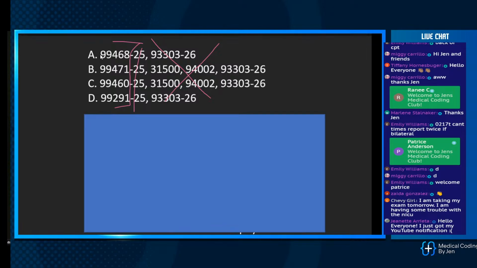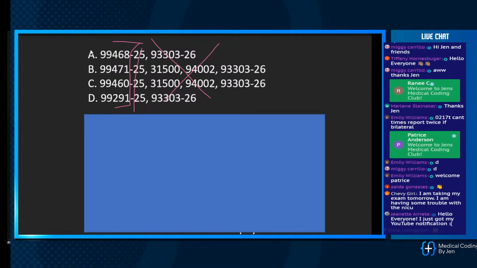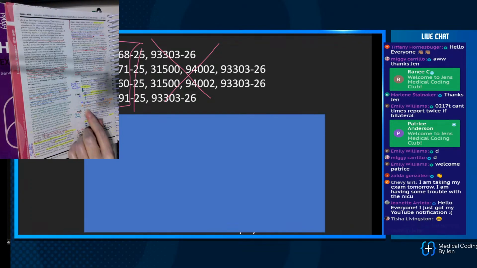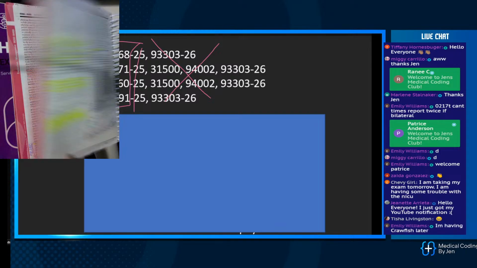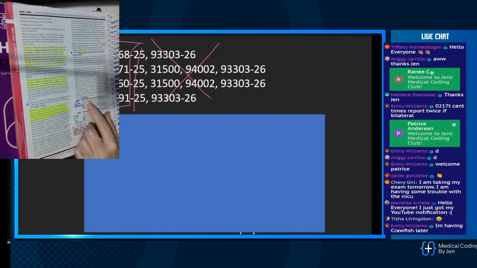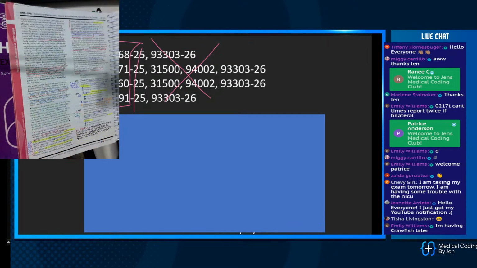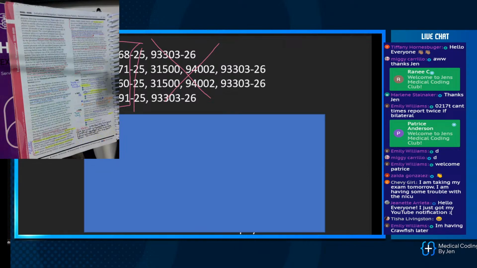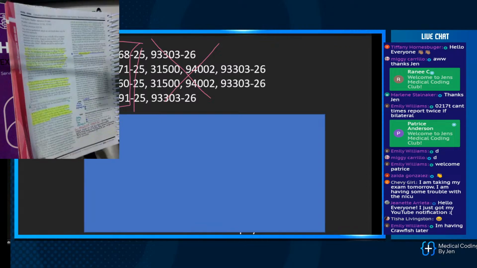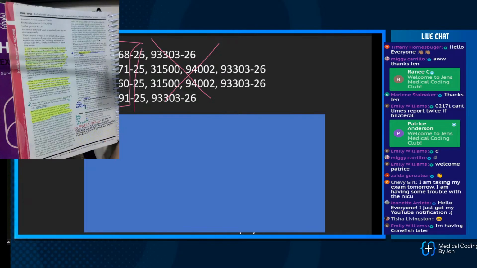All right. 468. Where are we at? What header are we under? That is under inpatient neonatal pediatric critical care. 71 is admit critical care.